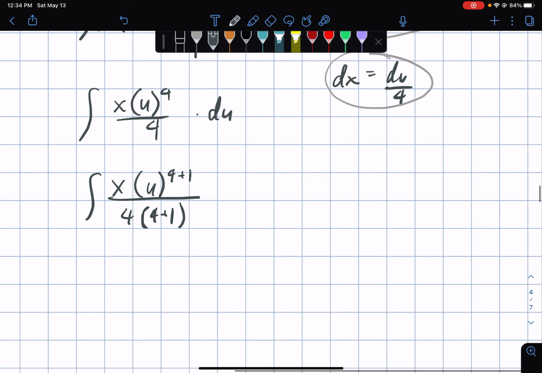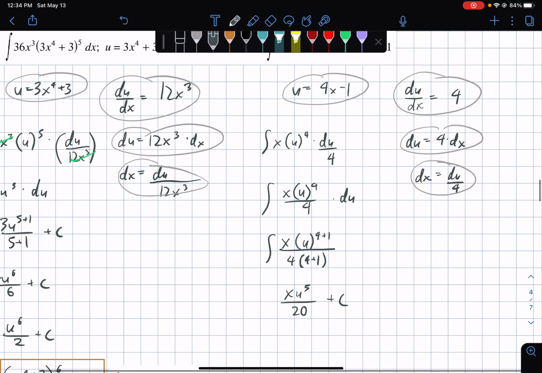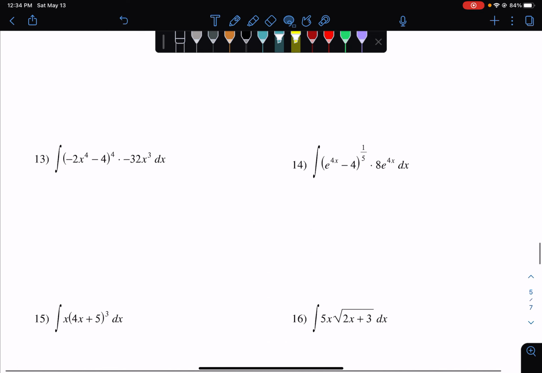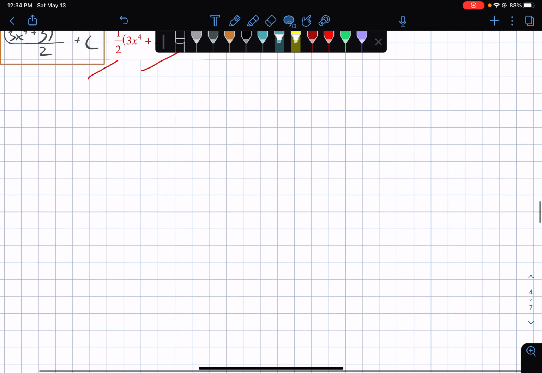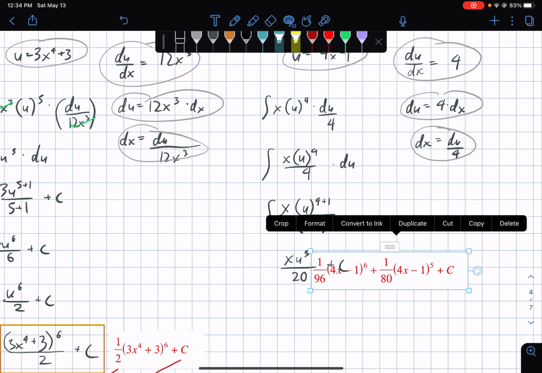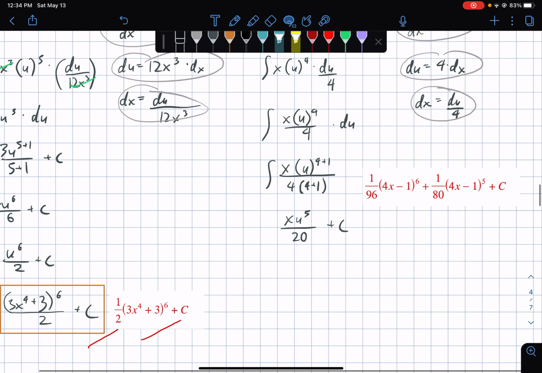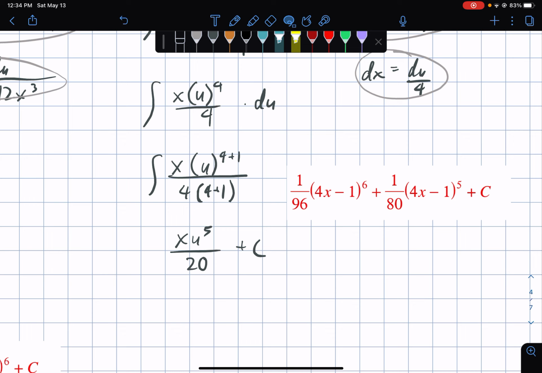That's something I found out later on. I made many mistakes on that. Try not to follow suit. 5 and it's 20, plus c. I'm really sure this is wrong. Let's see. Yep. So dead.